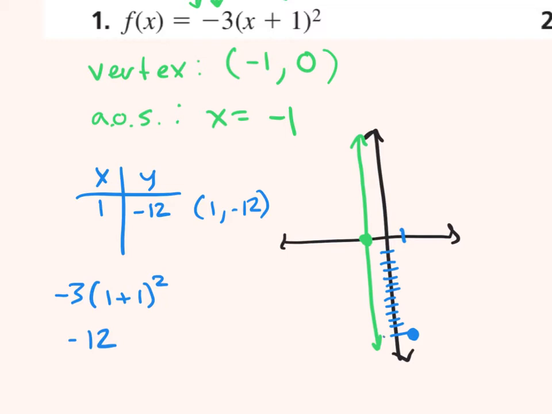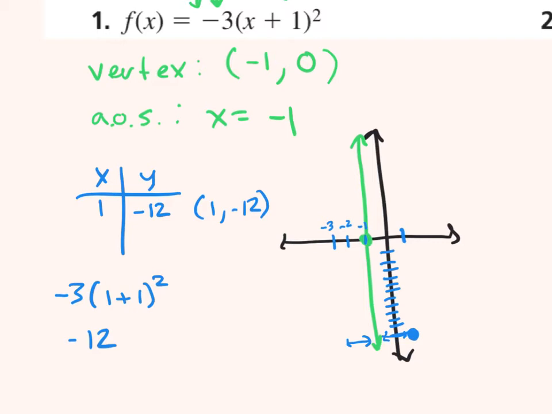If we're 2 spaces away from our right side of our axis of symmetry, we need to be 2 spaces away on the left side of our axis of symmetry. So Mariana, want to try again? -1, -12. We're at -1 here. So this green line is at -1, and we need to go 2 spaces to the left. So if this is -1, this one's -2, this one's -3.